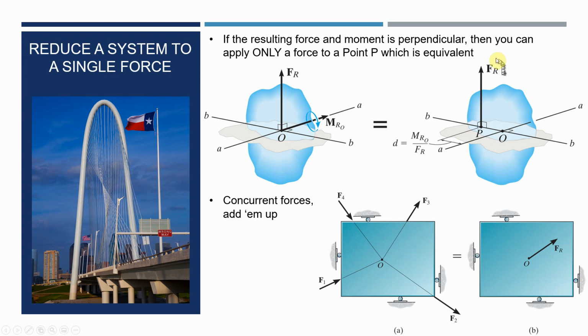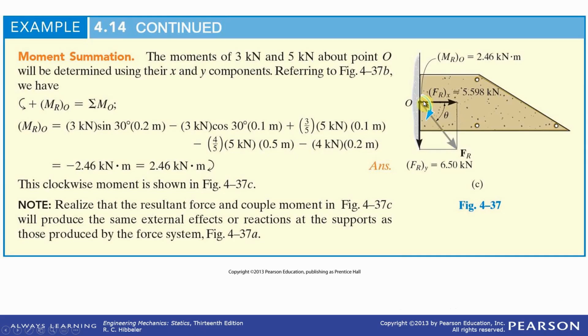You can move that force to a point away from point O, probably up here somewhere, that would create the same moment. This same force acting at a different point would cause the same moment. In fact, you could probably go over here.